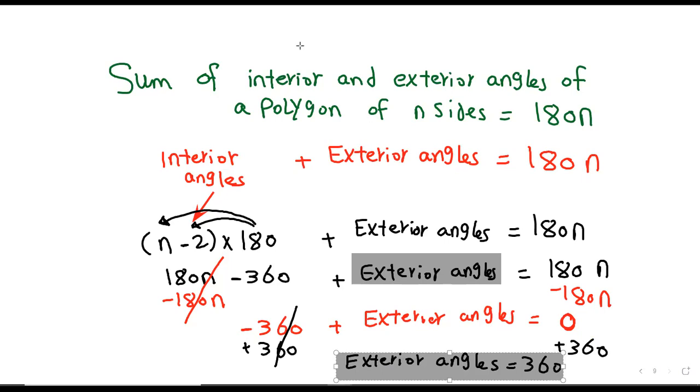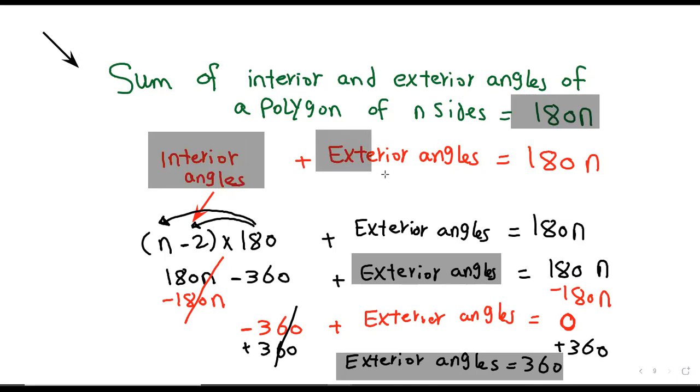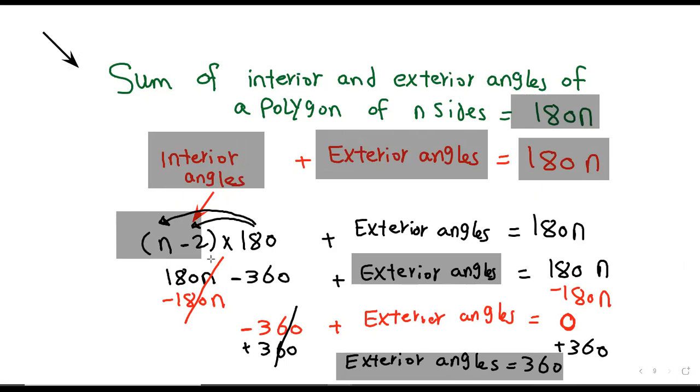To prove that, write this proof: the sum of interior and exterior angles of a polygon of n sides equals 180n. Write this simple equation: interior angles plus exterior angles equals 180n. Instead of interior angles, write (n minus 2) multiplied by 180.